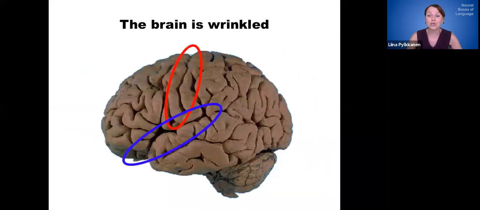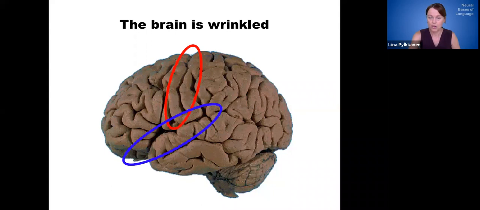Now when we start looking at the brain, the first observation usually is that the brain is a very, very wrinkled organ. It looks kind of funny. And it's wrinkled in a way that's consistent between individuals. Here, for example, I'm pointing to some big wrinkles that you'll observe in most brains.